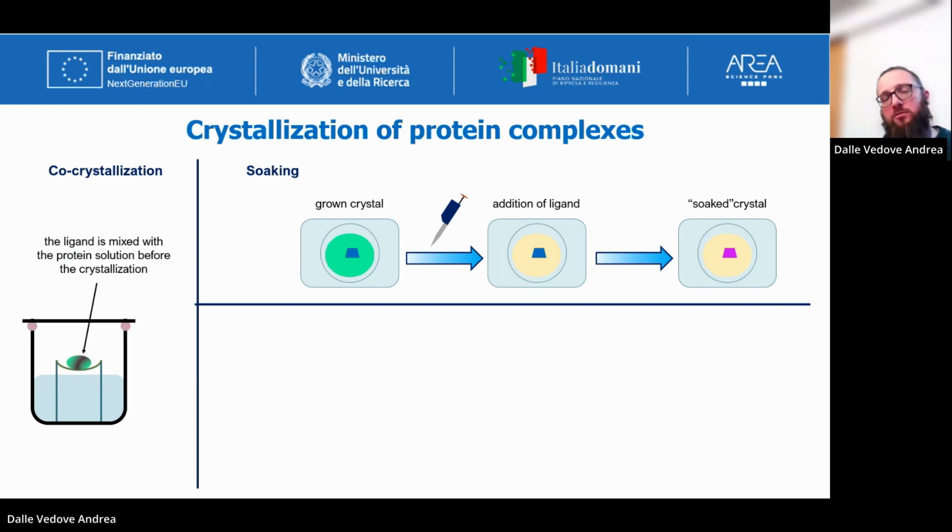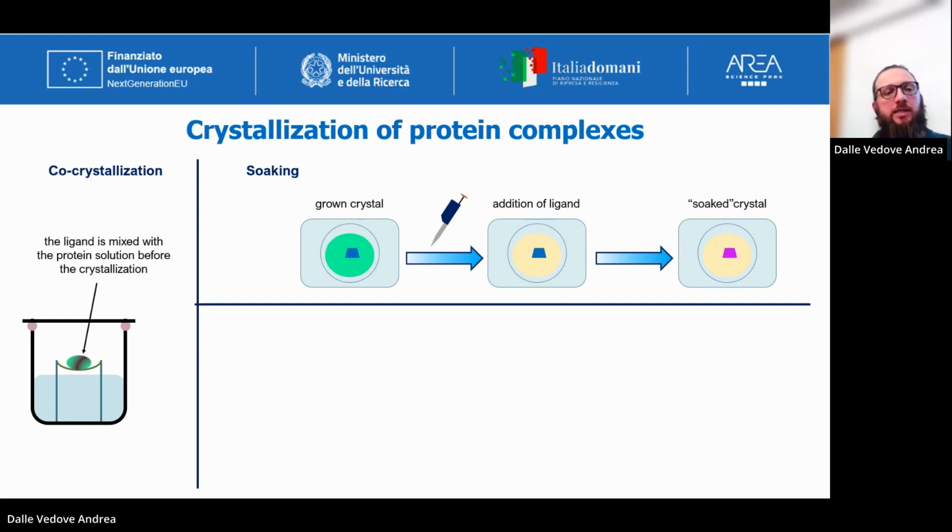Of course, you have to have a protein that produces big enough crystals, but you can exploit the fact that protein crystals contain a very big amount of water, of solvent. We can reach extreme cases where we have 80 to 90% of solvent in the crystals. The solvent mainly resides in channels that are formed in the crystal by the packing of the protein molecules.